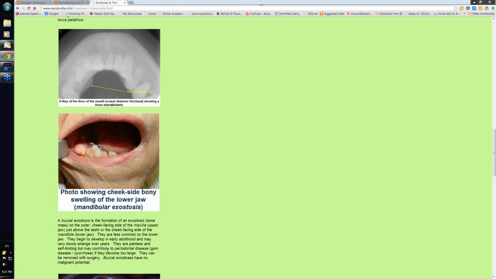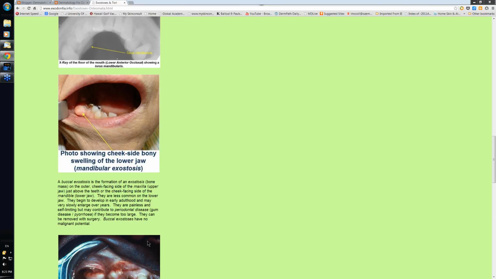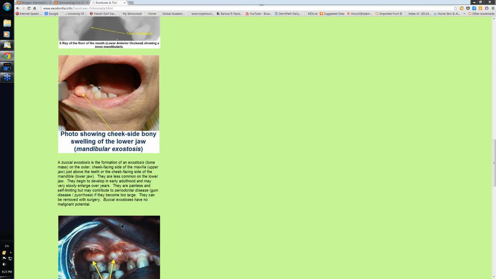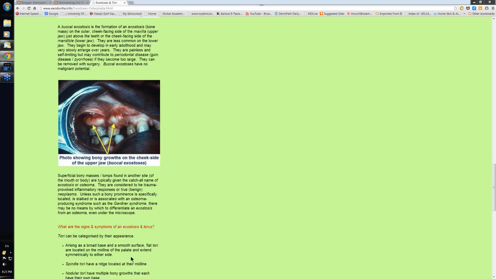Develop in early adulthood, slowly enlarge over the years. Okay, painless, contribute to periodontal disease. They have no malignant potential. That's obviously important. So here's a buccal exostosis, again on the cheek side of the upper jaw.